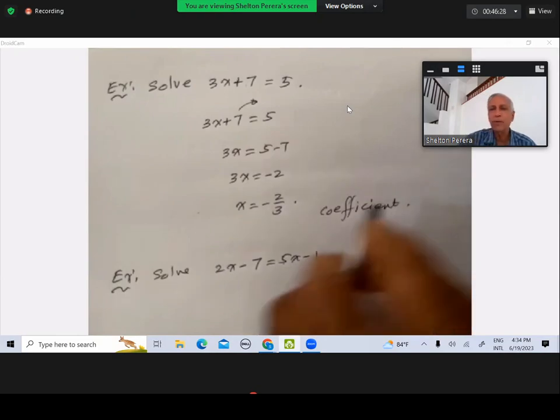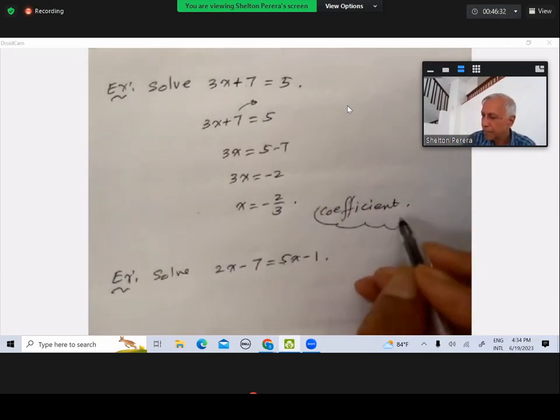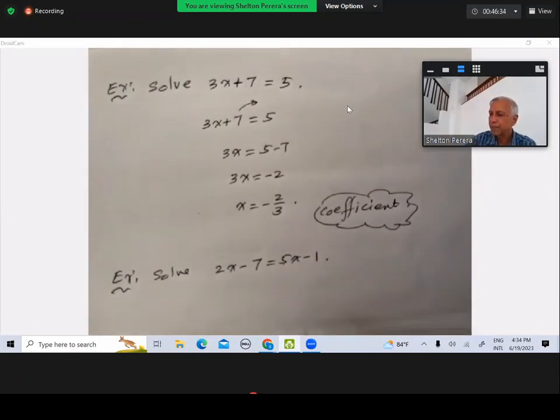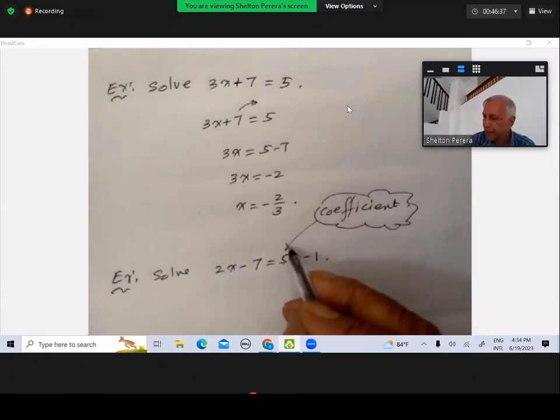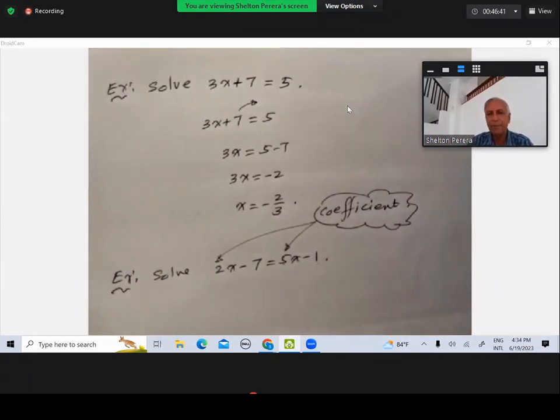C-O-E-F-F-I-C-I-E-N-T. Coefficient. See, 5. These are constant terms. No variables are there in those.